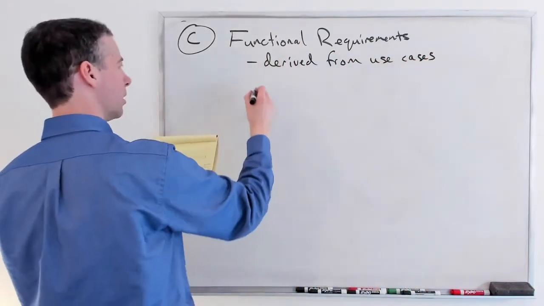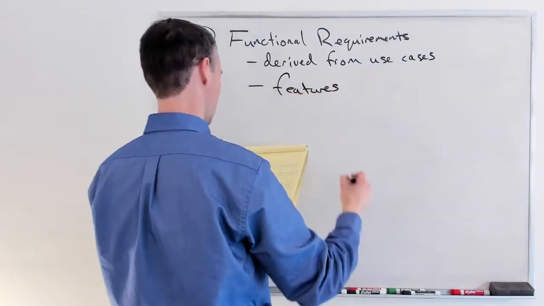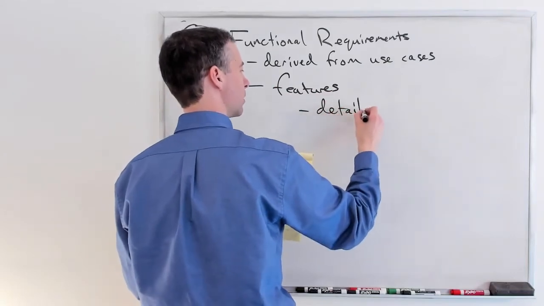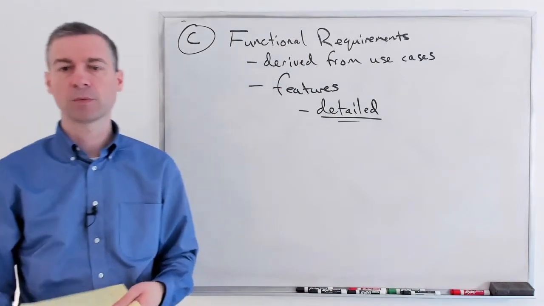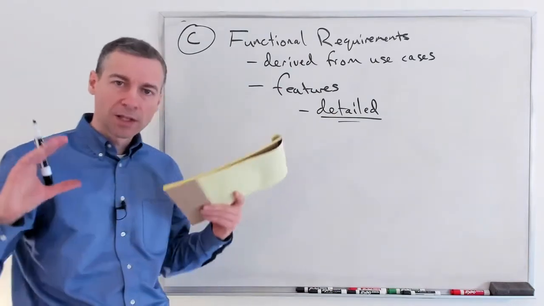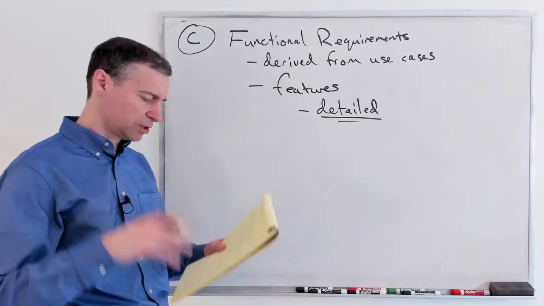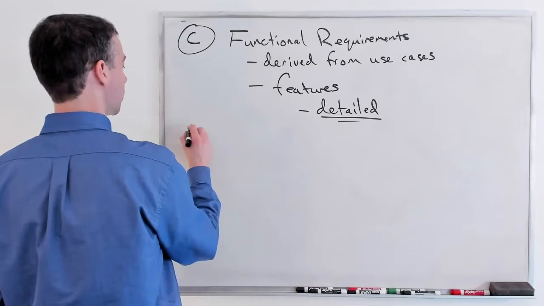And this is basically going to be the features of the software. And these are very detailed. All of the possible inputs and outputs and so forth and so on. Everything you could envision. What are all the error conditions, the messages, and so forth and so on that show up.